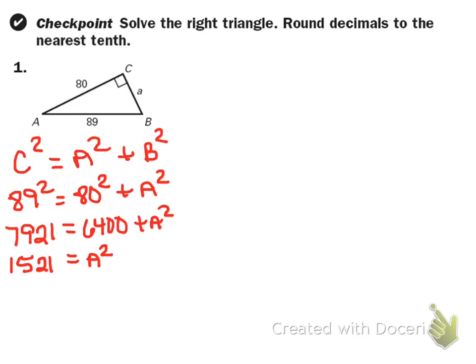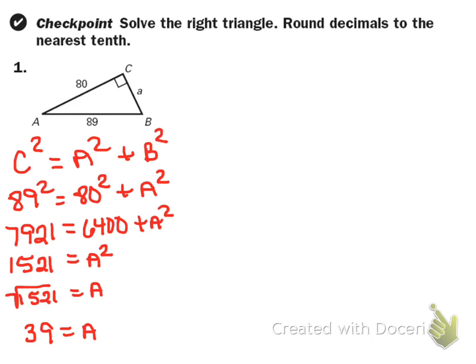To get rid of your square, take the square root of both sides. And then the square root of your 1,521 is equal to 39.